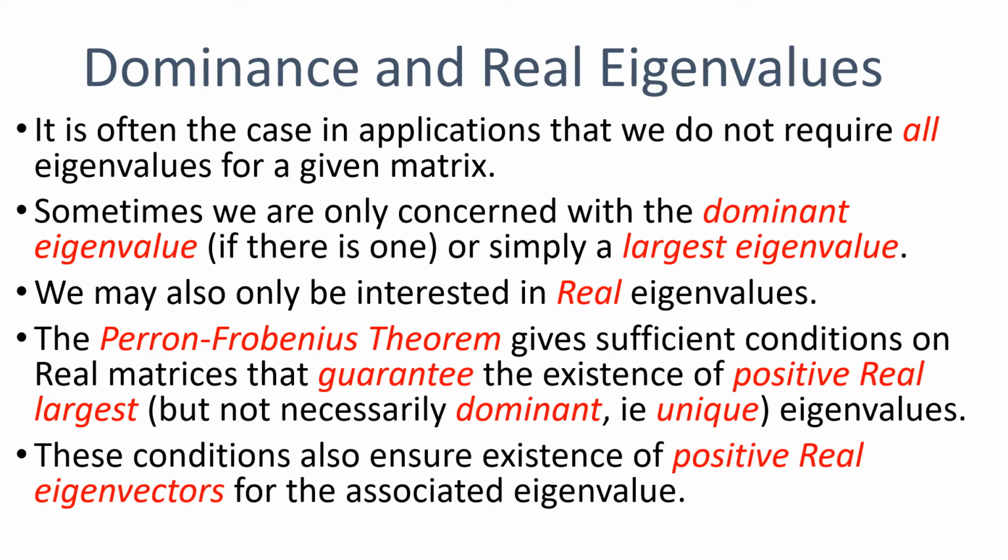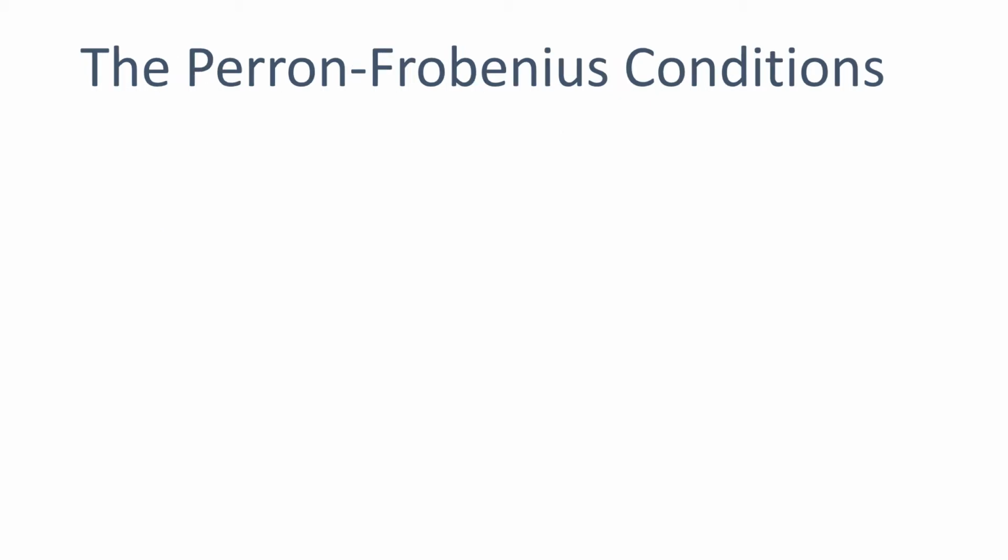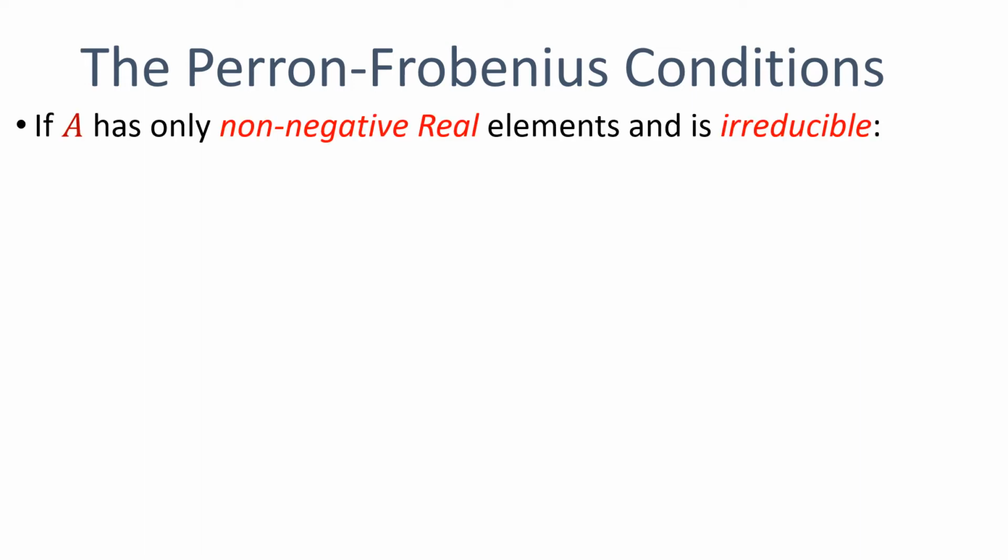But one thing these conditions guarantee is the existence of eigenvectors for that positive real eigenvalue, and these eigenvectors contain only positive real components. So what are the Perron-Frobenius conditions?